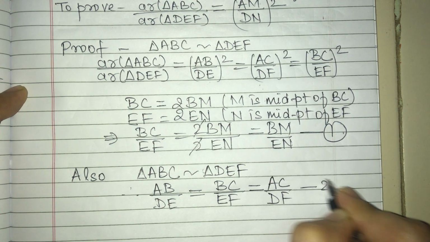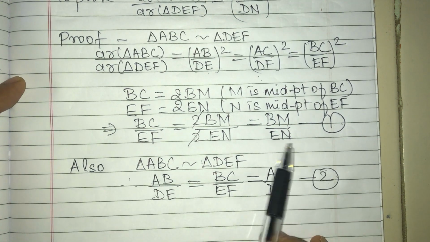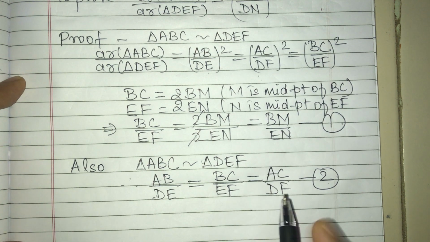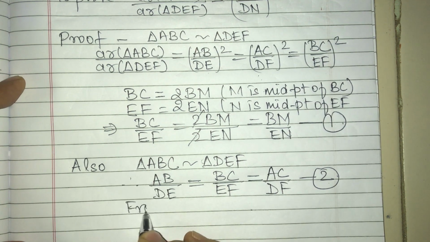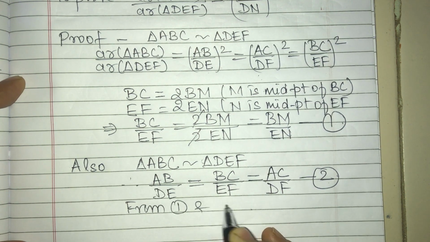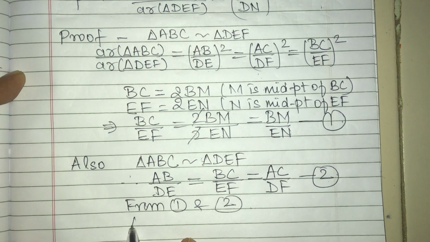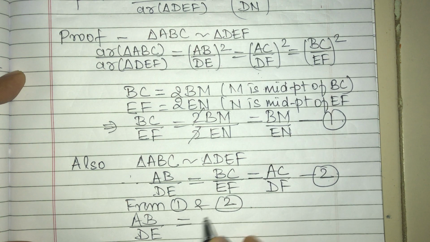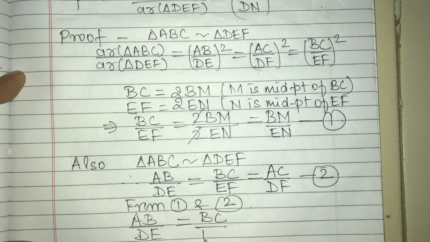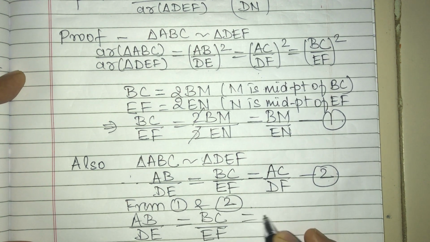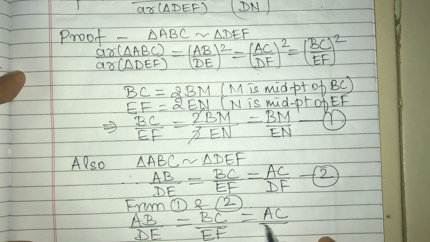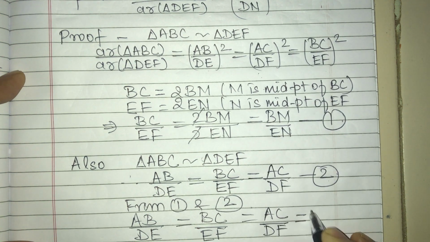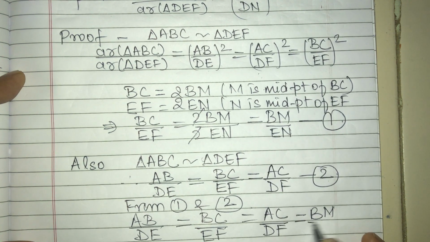This is my second condition. So this is my first equation, this is the second equation, and from 1 and 2 we get AB upon DE equals BC upon EF equals AC upon DF equals BM upon EN.